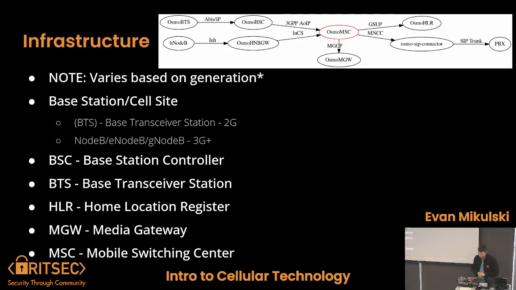You have your base station cell sites, or BTS, base transceiver station, from 2G networks, or Node B, E Node B, G Node B for 3G plus networks. This is what exists at the cell sites, or the cell tower. When you see those giant cell towers with rectangular white bars sticking off the end, that's the antenna.